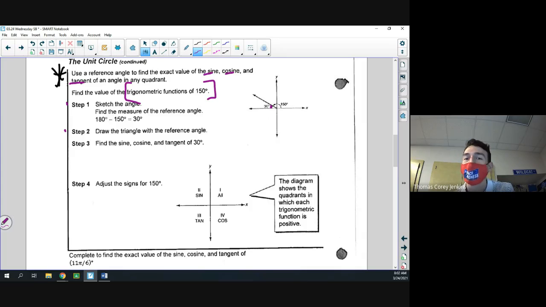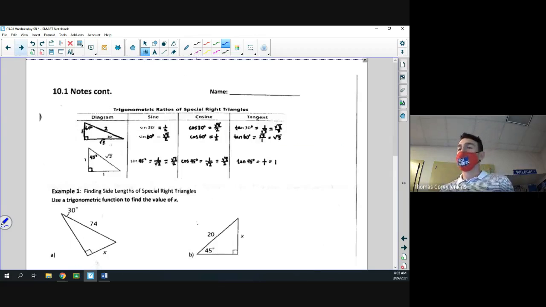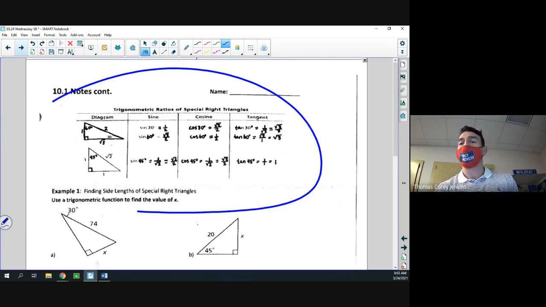So then, how do we find the sine, cosine, and tangent of our reference angle? That goes back to a table on the 10-1 notes. Here's where you're looking at the table and going back and forth. So if you don't have your 10-1 notes, this is the table I'm referring to.